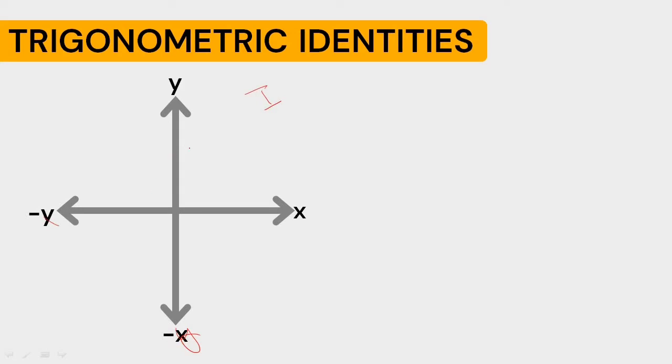So in the first quadrant, x is positive, y is positive. Keeping this in mind, we can make a triangle here. Suppose this is a triangle, and this is the angle theta. So sine is perpendicular upon hypotenuse, cos is base upon hypotenuse, and tan is perpendicular upon base.